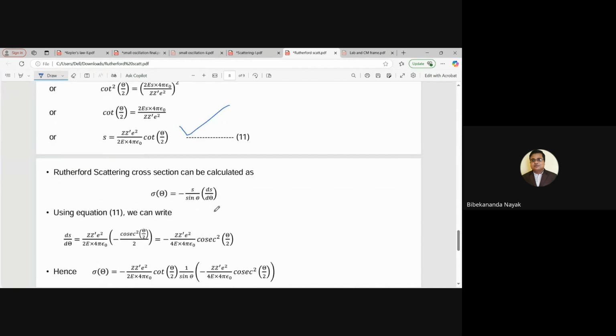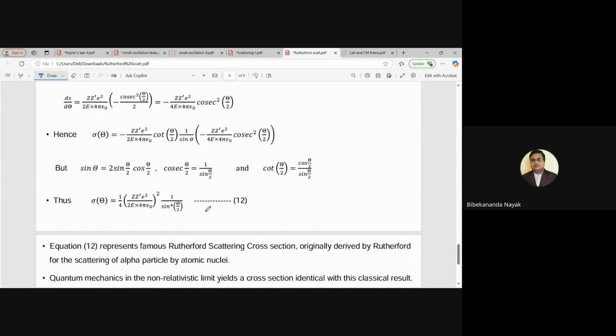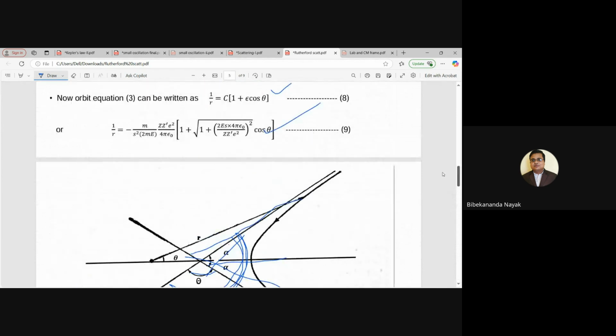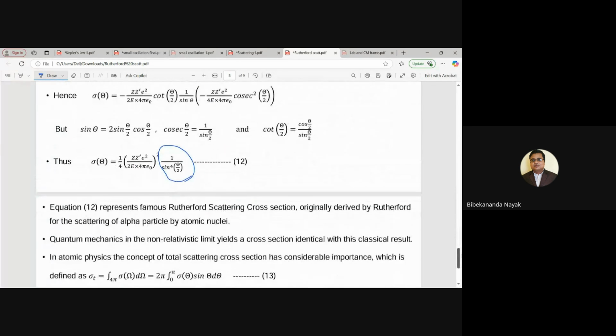Then using the formula, we can calculate the cross section, ds by d Theta, ds by sin Theta. We found finally the cross section sigma proportional to 1 by sin to the power 4 of Theta by 2. All the mathematical details of this scattering are given here. This is the final expression.